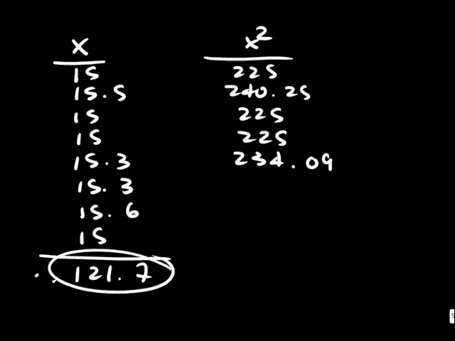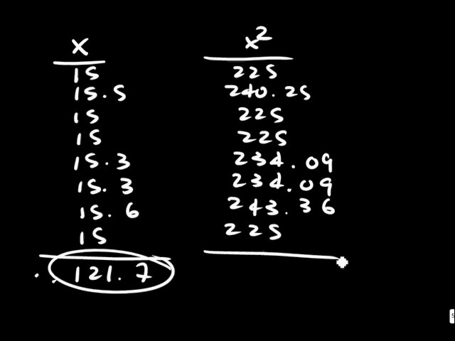Another 15.3 squared, 234.09. 15.6 squared is 243.36. 15 squared is 225. So when I sum these values, I get 1851.79.